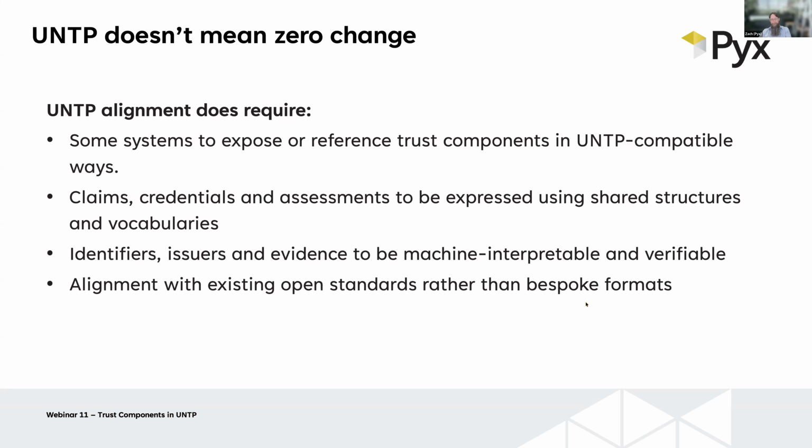Identifiers, issuers, and evidence to be machine interpretable and verifiable so that algorithmic validation and verification can be done. And alignment with existing open standards rather than bespoke formats. So ensuring that the how of interoperability is maintained while you add elements or extend it to meet your specific needs. So making sure the how of data exchange is standardized while you meet specific needs.